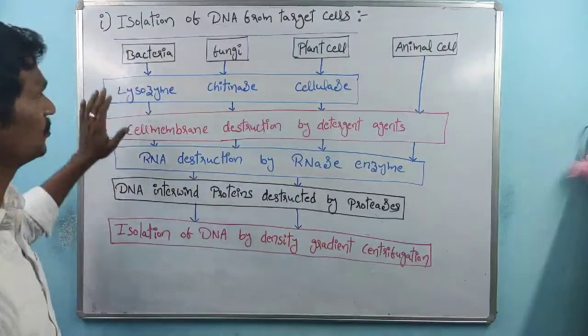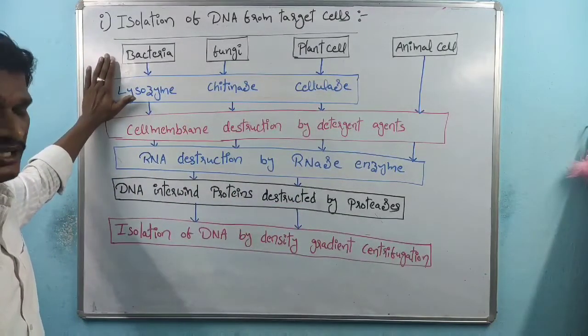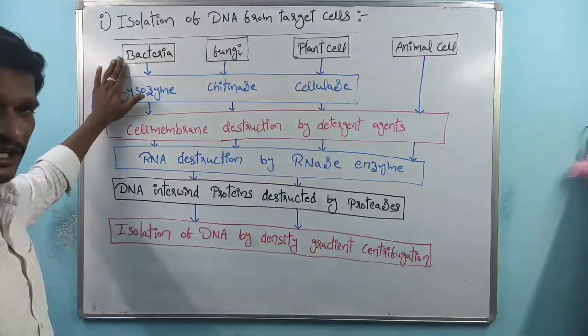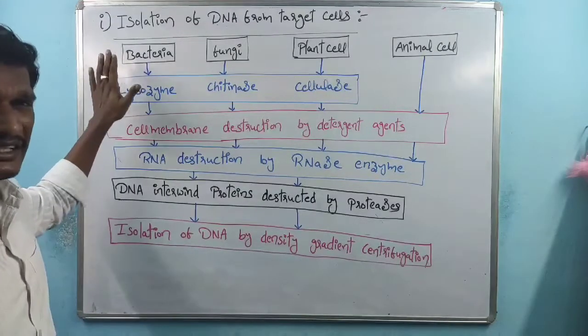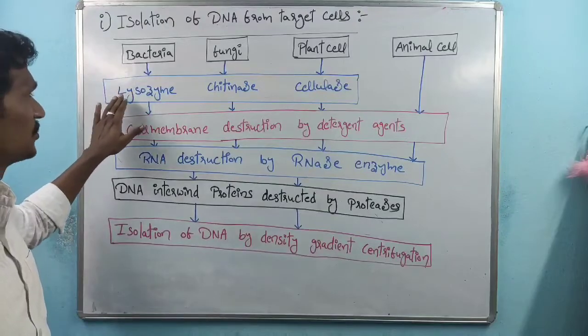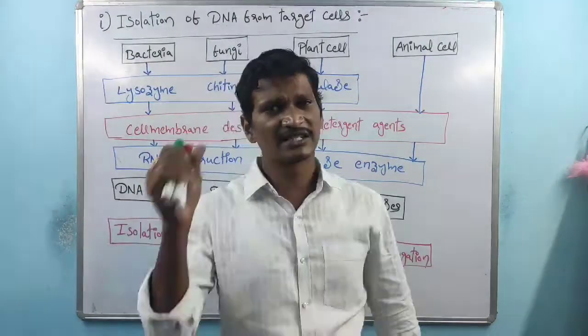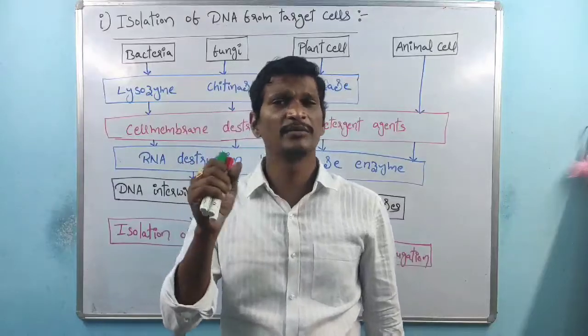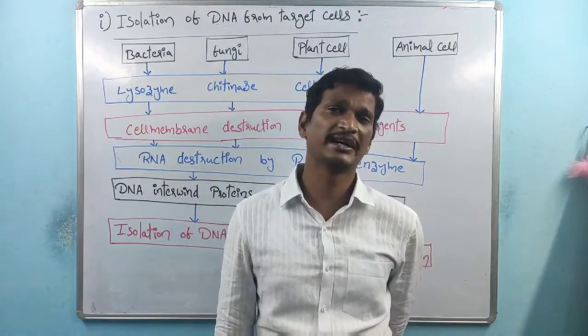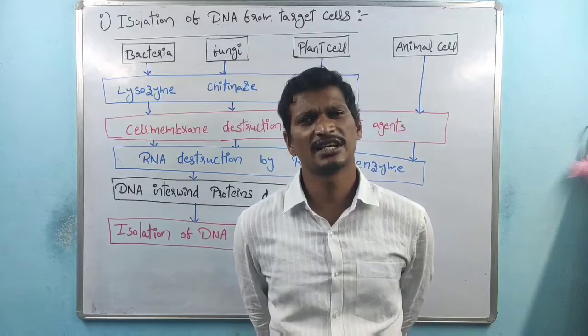First, suppose I want to isolate the vector from the bacteria cell, right? See, I selected bacteria cells, or I collected bacteria cells. That bacteria cells are subjected to one of the enzymes. The bacteria cells contain a cell wall.